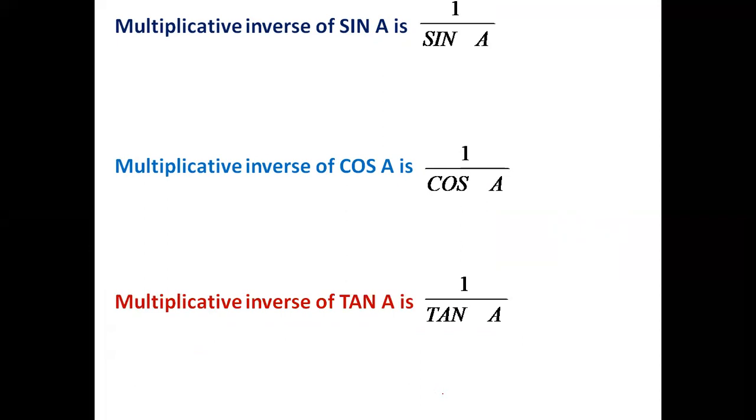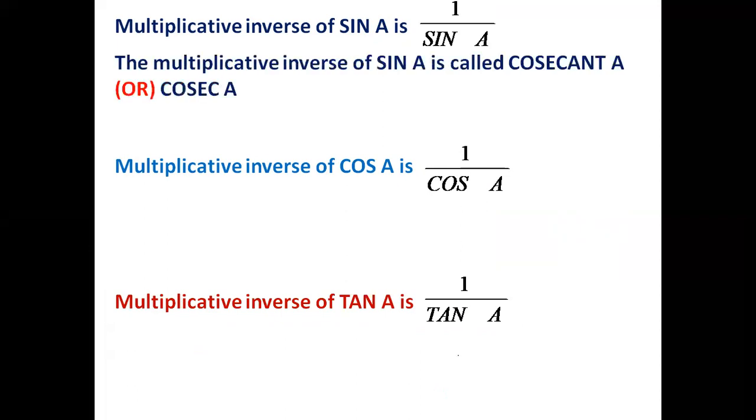Okay. So the multiplicative inverse of sin A is called cosecant A, or simply write cosec A. So what is the definition of cosec A?